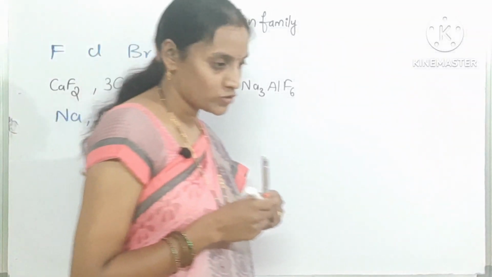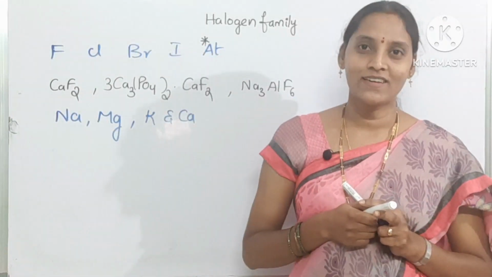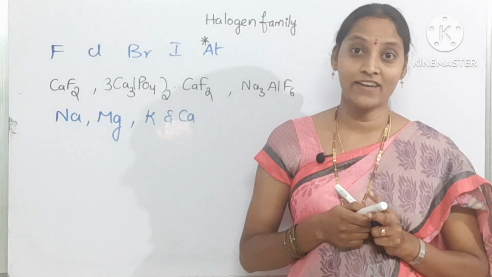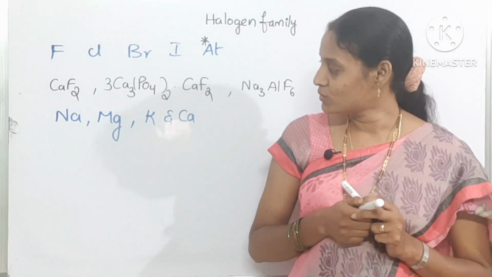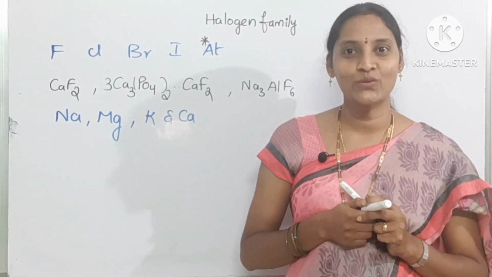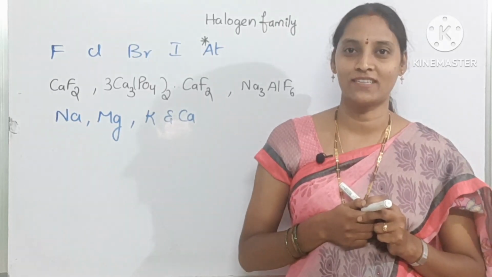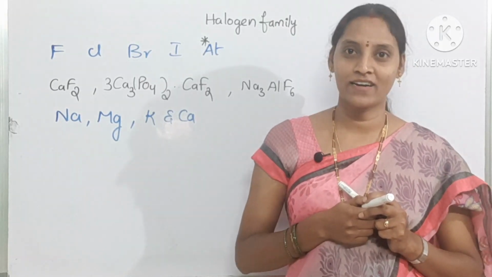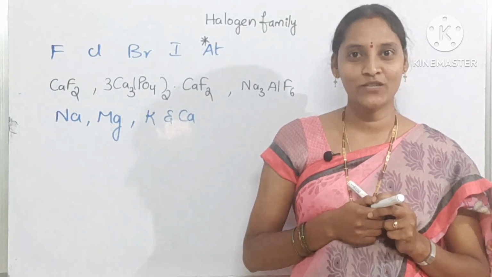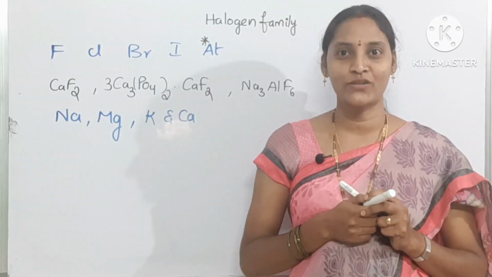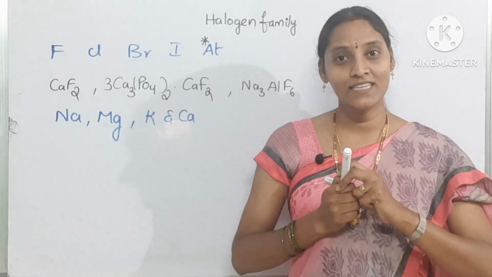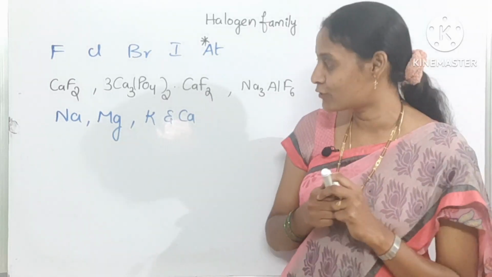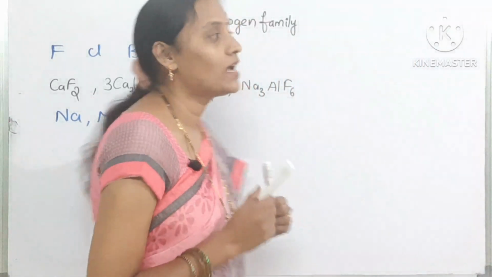If you take sodium salts, you can see NaCl, NaBr, NaI, NaF. Magnesium: MgCl2, MgBr2, MgI2. KCl, KBr, KI. CaCl2, CaBr2, CaI2. These are the salt forms present in the sea water.